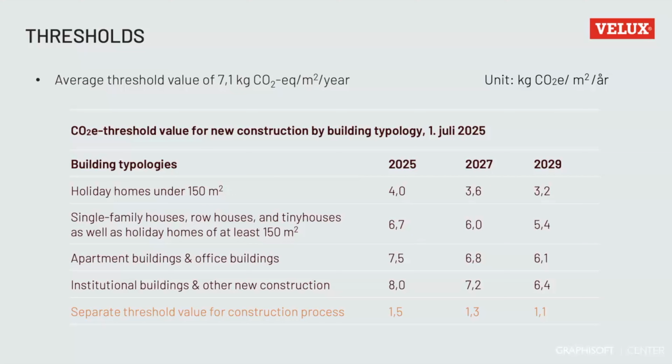If you want to build a single family house or a tiny house or maybe a holiday home of at least 150 square meters, you need to stay below a threshold of 6.7. And then there are different ones for apartment buildings, office buildings, institutional buildings, and other buildings. And these get stricter with time.